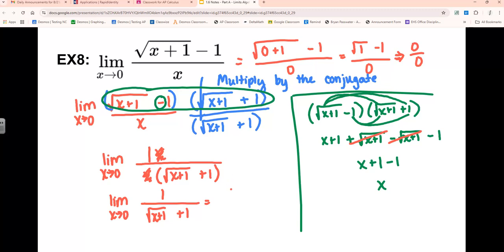And you can right here. So we get 1 over square root of 0 plus 1 plus 1, which is going to be 1 over square root of 1 plus 1. What is the square root of 1? It is 1. So this is just 1 over 2. And 1/2 is our answer.